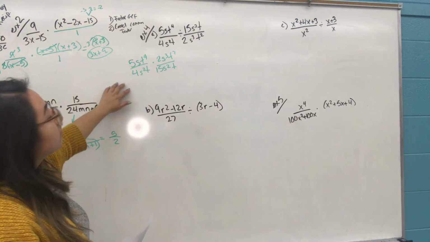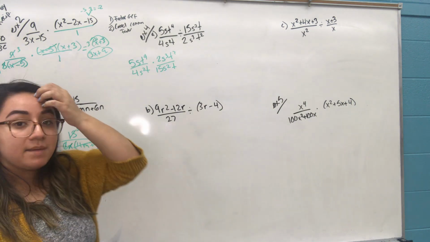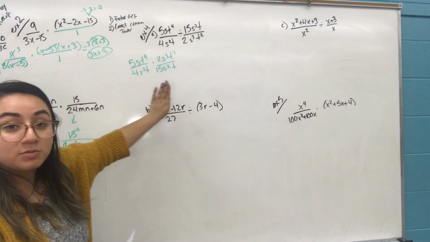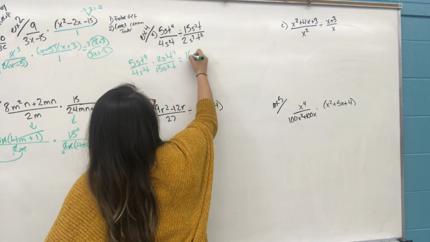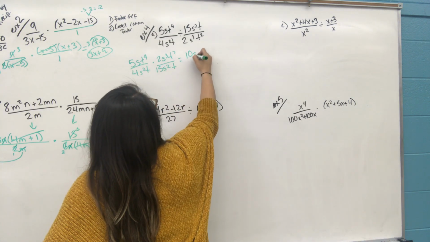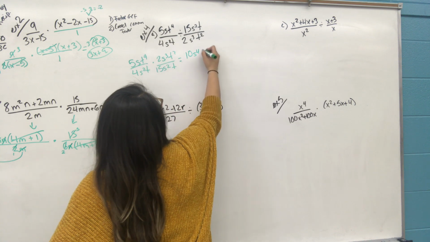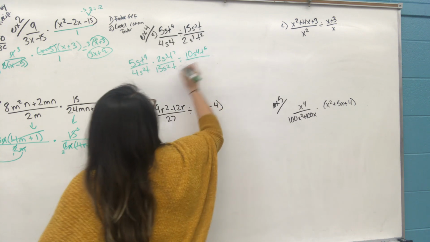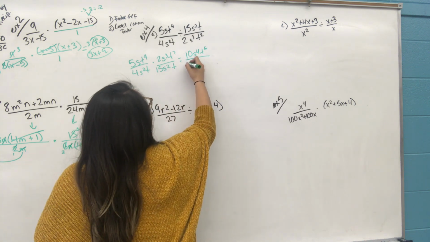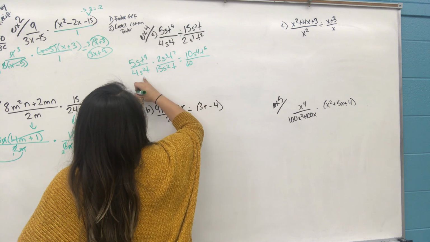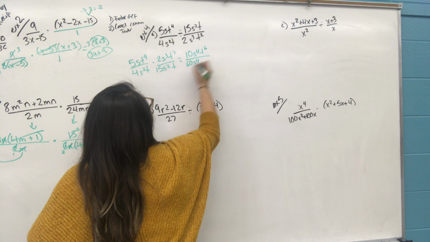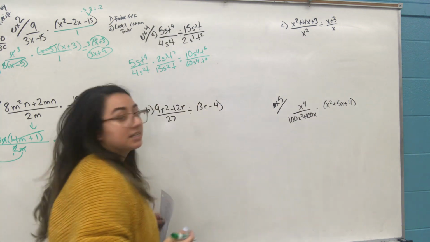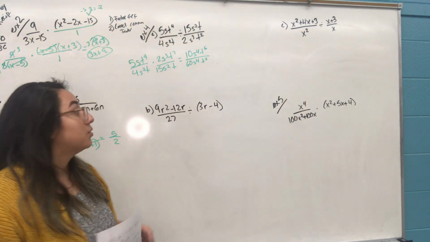So this looks like a rational expression, like example 1. There's nothing adding or subtracting, so you just multiply across. 5 times 2 is 10. 1 plus 3, s to the 4. 4 plus 2 is t to the 6. 4 times 15 is 60. s to the 2 and s to the 2 is s to the 4, and t is t to the 2nd power. So you just multiply across accordingly.